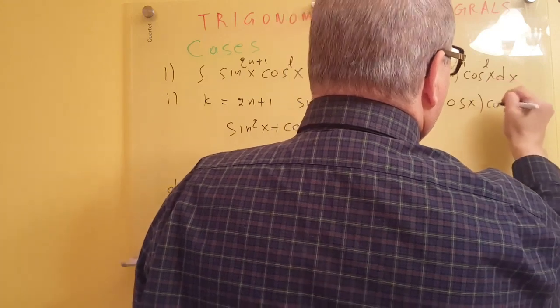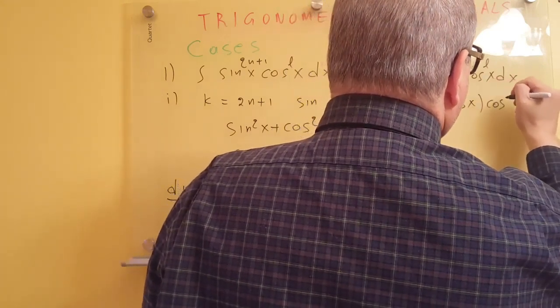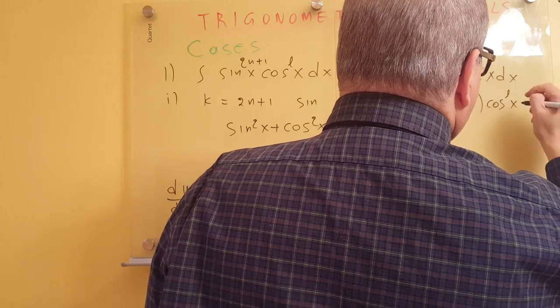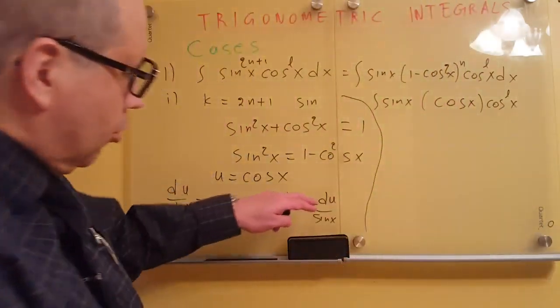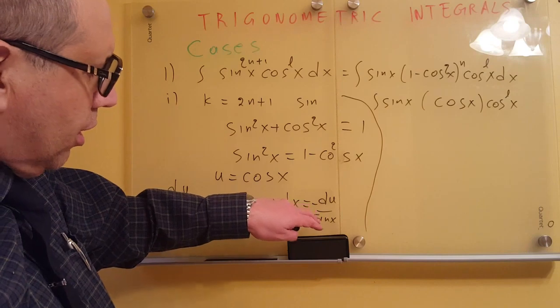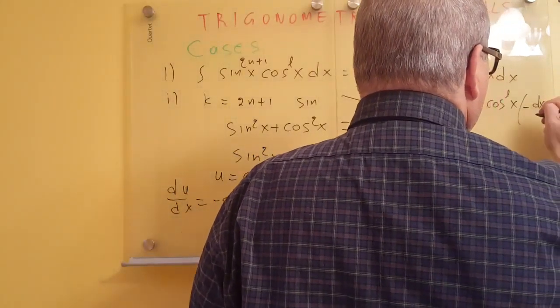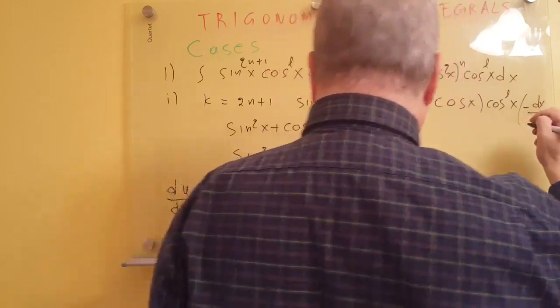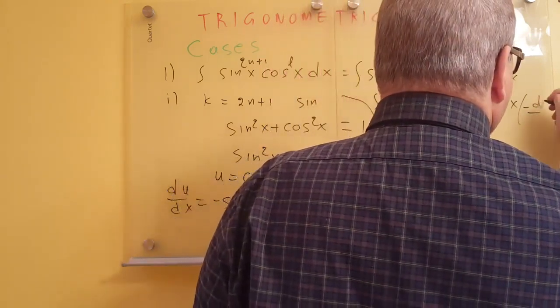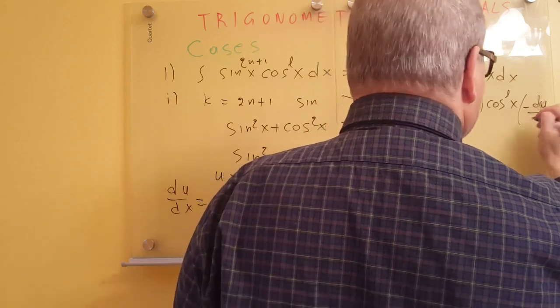And of course here you will have the cos x to the L, and then we said we substitute dx equal to minus du over sine x.